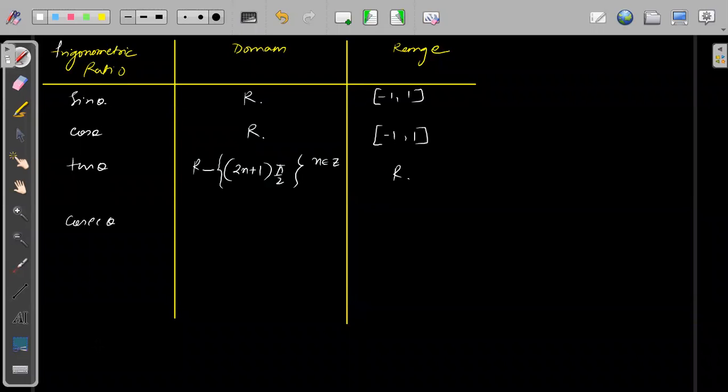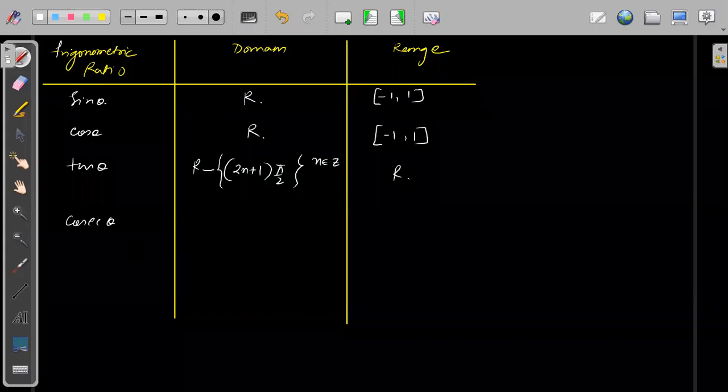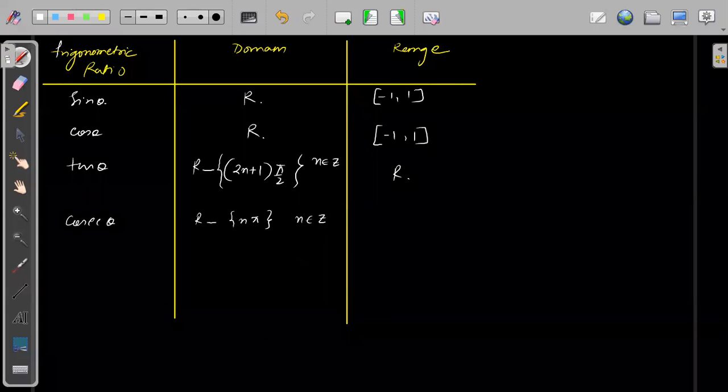In this case, only those values of theta will be taken where sine theta is not 0. For what values is sine theta 0? For all n pi values, sine theta is 0. So the domain is R minus n pi, where n belongs to integer, right?